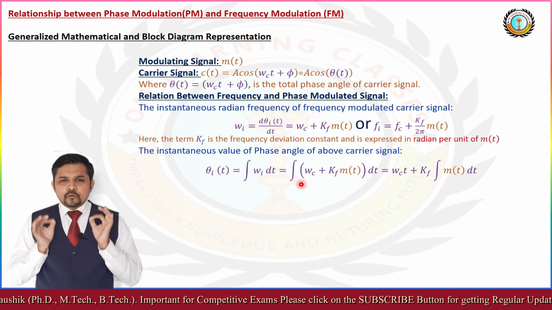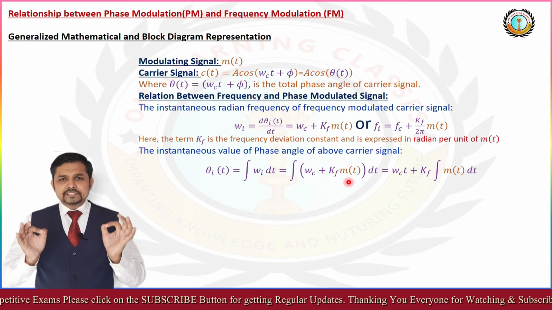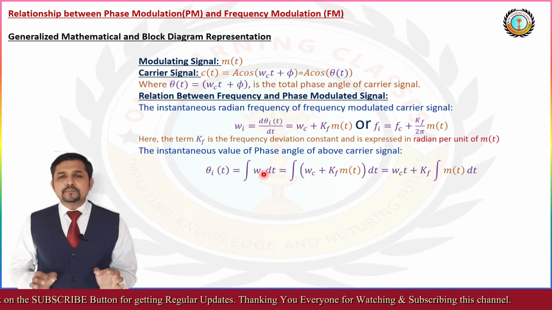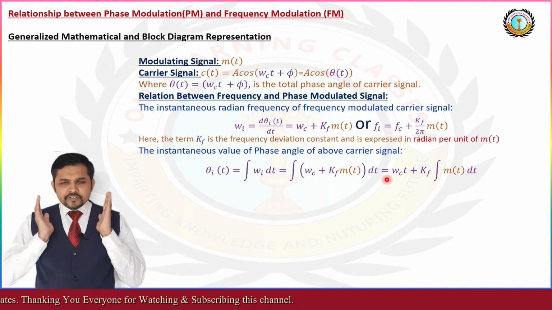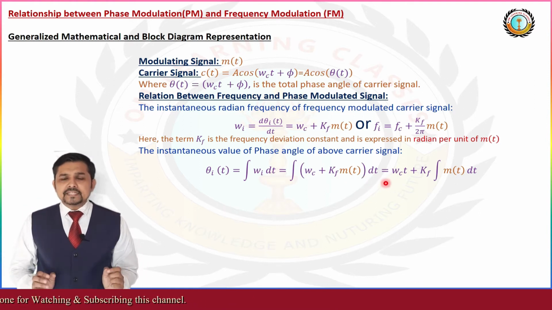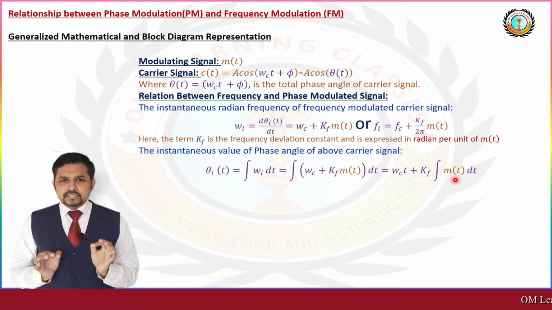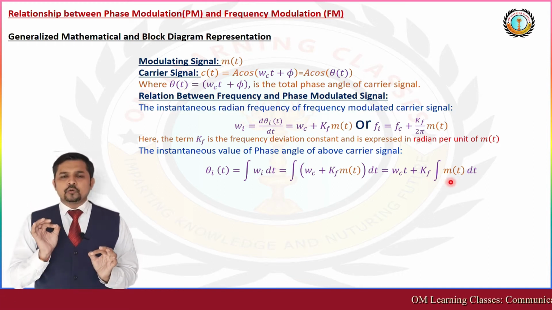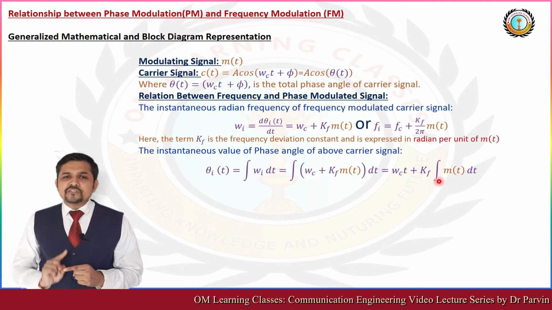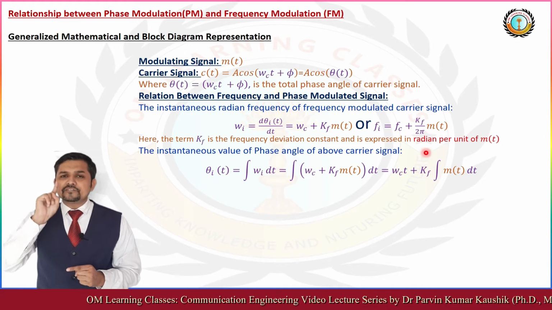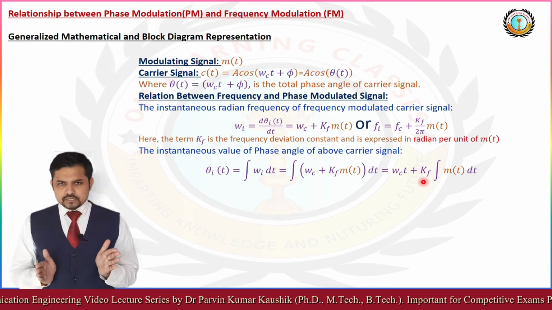We put the value of omega_i in terms of kf, the integration of (omega_c plus kf into m(t)) dt. And if we solve this, then we get theta_i(t) equal to omega_c t plus kf integration of m(t) dt, because the kf is your frequency sensitivity factor, which is our frequency deviation constant.